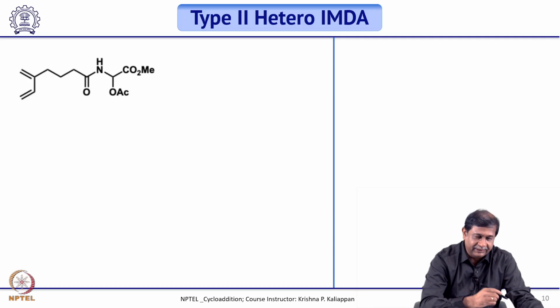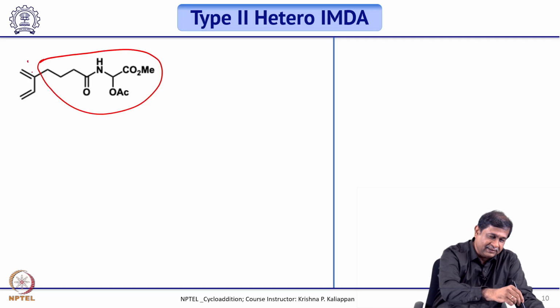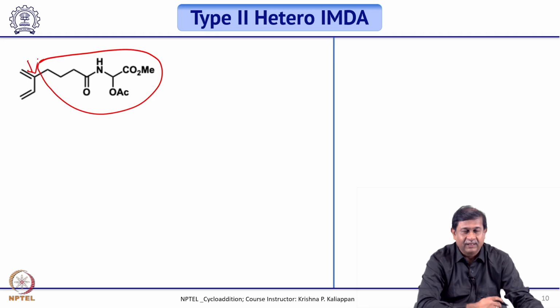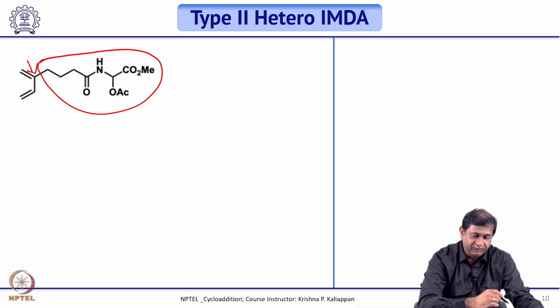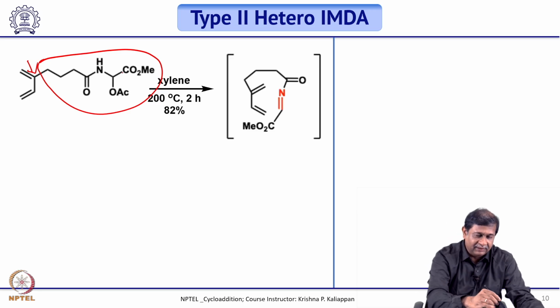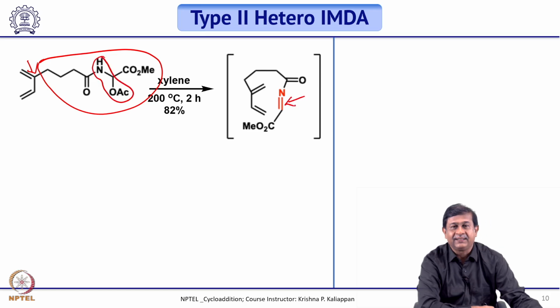See, for example, here you can see the tether is attached to carbon number 2, and the dienophile, here you cannot see the dienophile, that is the double bond, but when you heat it, then the elimination of the acetic acid in situ will generate the dienophile.